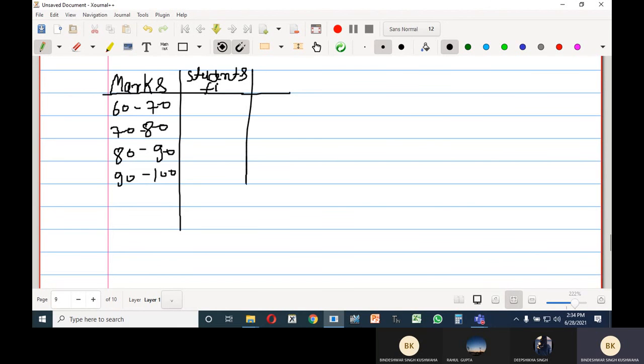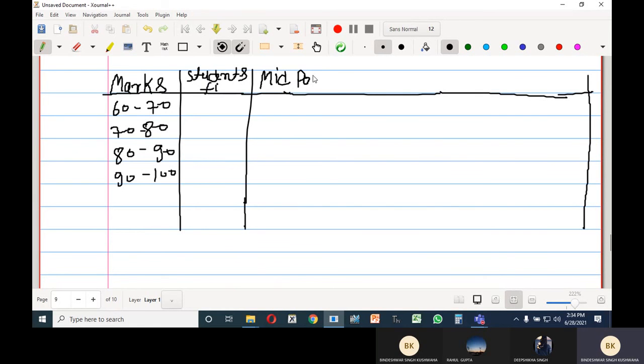So what will happen? The only thing you need to do is calculate the midpoint, and this would be the marks.